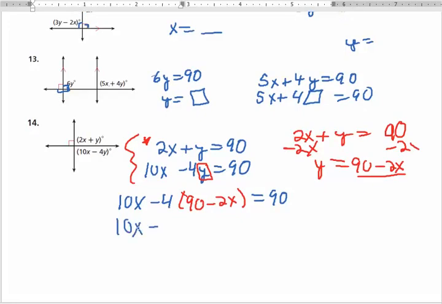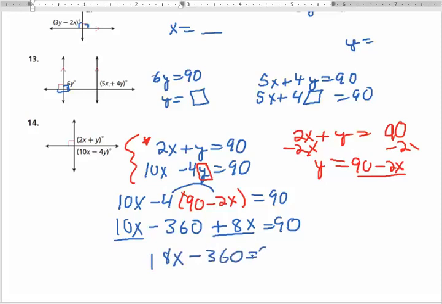Let's see, 4 times 90 is 360. Negative 4 times minus 2x would be a plus 8x, and then equals 90. Now when you combine your like terms, we have 10x plus 8x is 18x minus 360 equals 90.